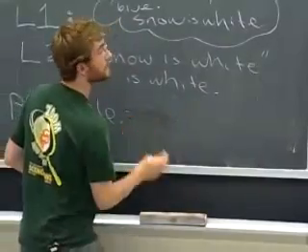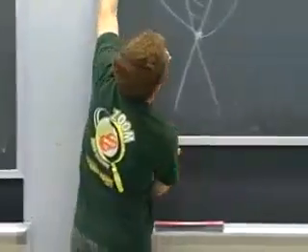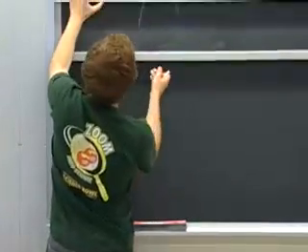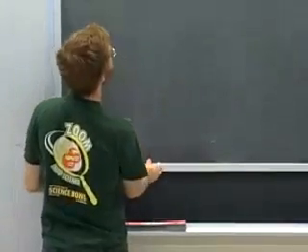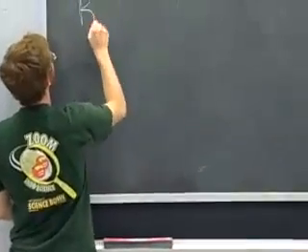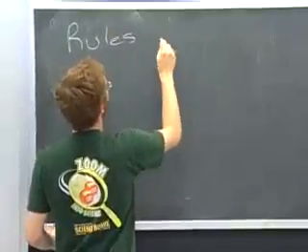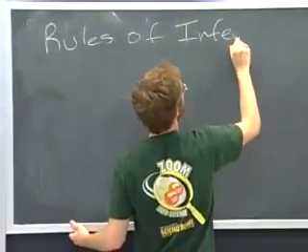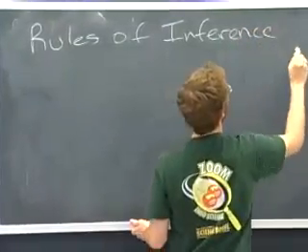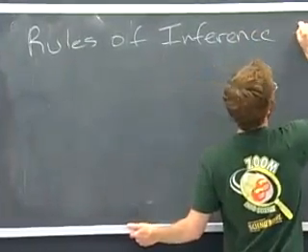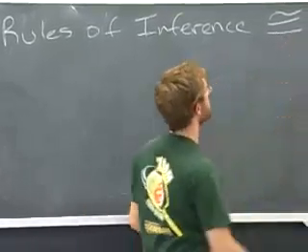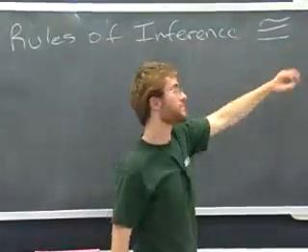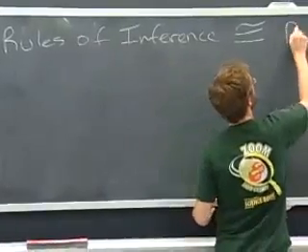So, and I'm going to go ahead and hop over here. So what he did is he made rules of inference equivalent to, or my special isomorphism symbol, to rules of arithmetic.